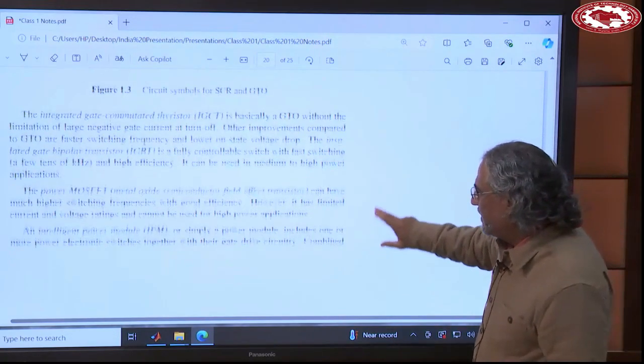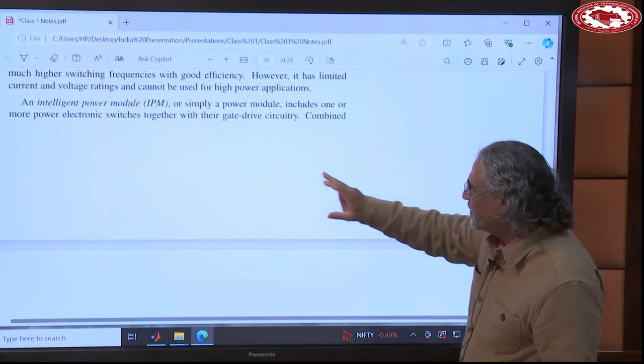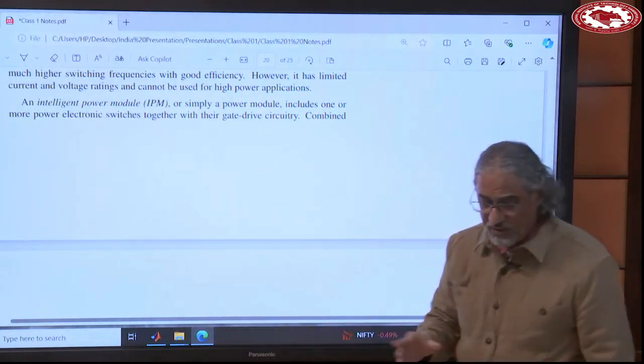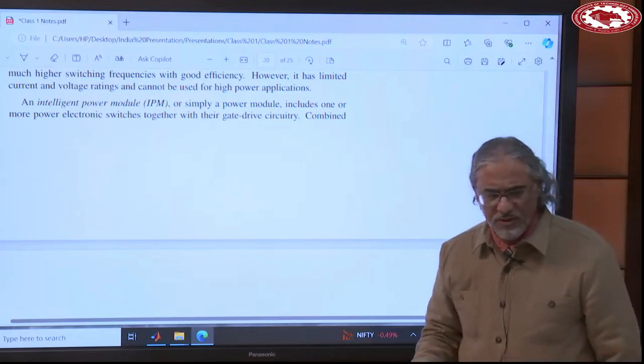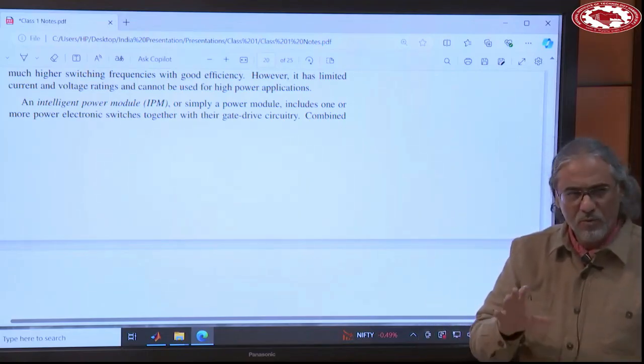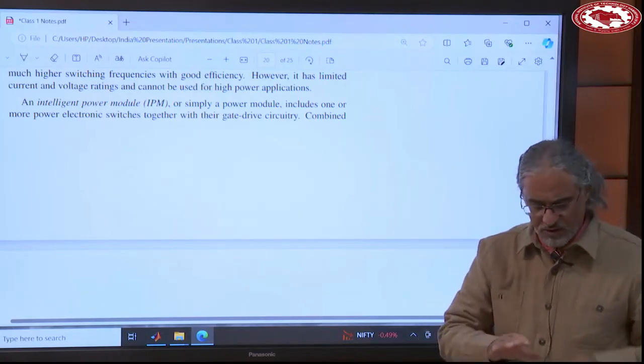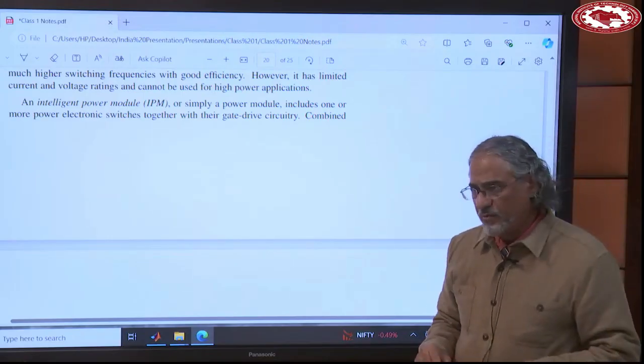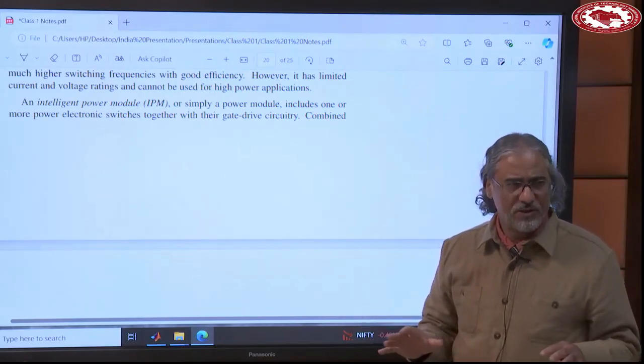All right, so I think as far as switches, let me talk about just 1 minute about IPM. Intelligent power modules are very common nowadays. People no longer really build normally individual switches. Now you can buy multiple switches connected together. And you will see, because in converters, we hardly use one switch.